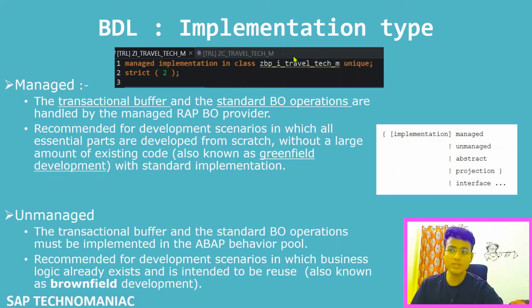This is the reason we use this behavior implementation class. But in the unmanaged scenario, you have to develop your create, update, delete as well. And as you know, when we have to do something brownfield, meaning something is already available and we want to reutilize it, then we go for the unmanaged implementation.